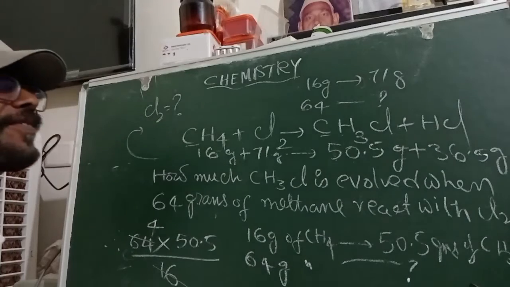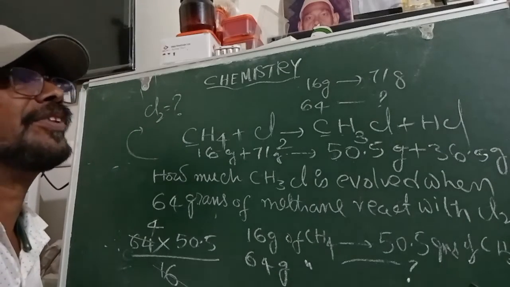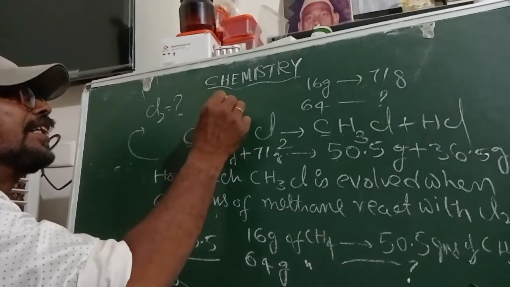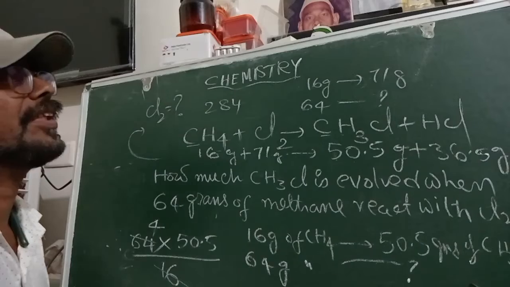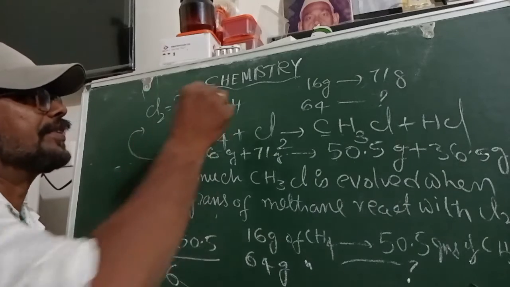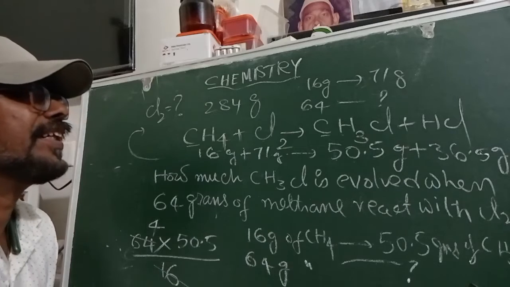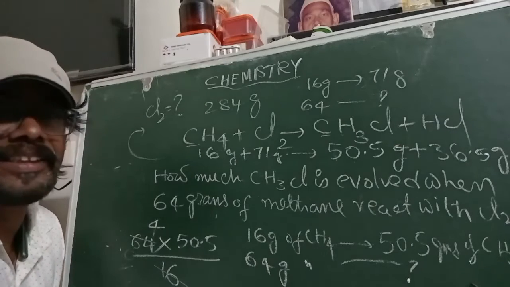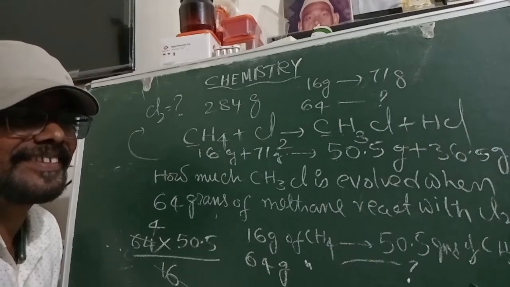You have to multiply with 4. 4 1s are 4 and 4 7s are 28, so 284. 284 grams of chlorine is required for this chemical reaction. Understand?